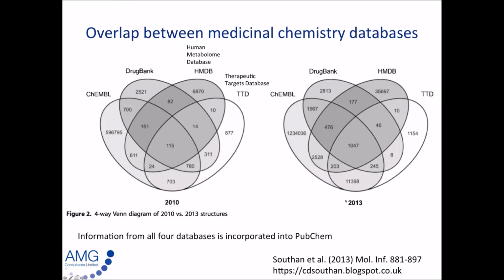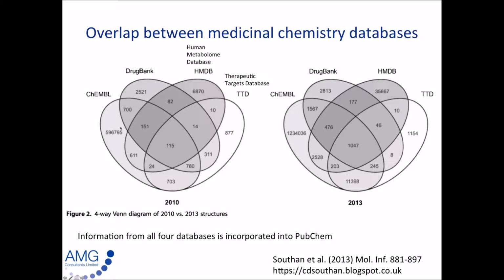And Chris Southern has done an ongoing analysis of the overlap between ChEMBL and some of the other databases. This is not between ChEMBL and PubChem. It's between ChEMBL, Drug Bank, the Human Metabolome Database, and the Therapeutics Targets Database. So this is a four-way Venn diagram.